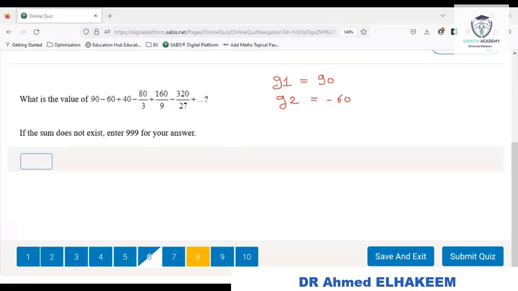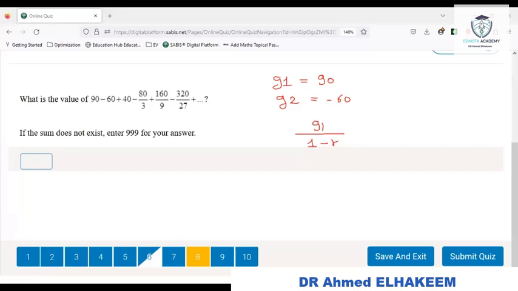We have two rules: infinite sum and finite sum. So it will be equal to G1 over 1 minus R.